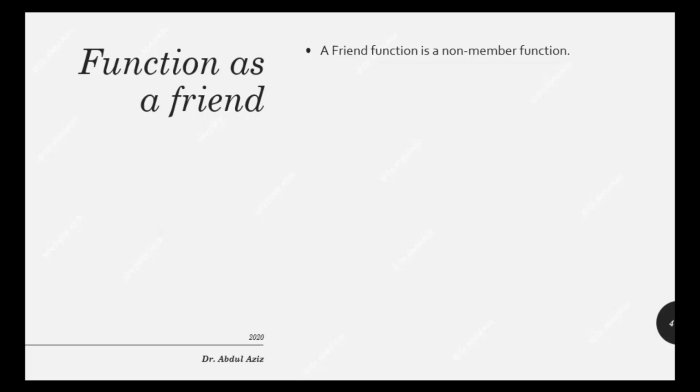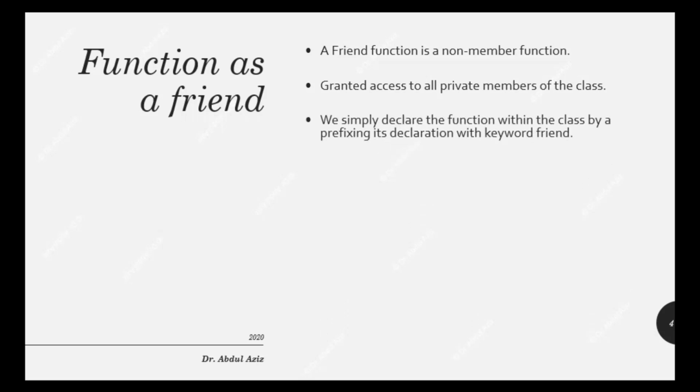It does not belong to our particular class or to any particular class. It's a non-member function that will be accessing the private and the protected members of a specific class. Therefore, we are going to grant access to all the private members of the class.